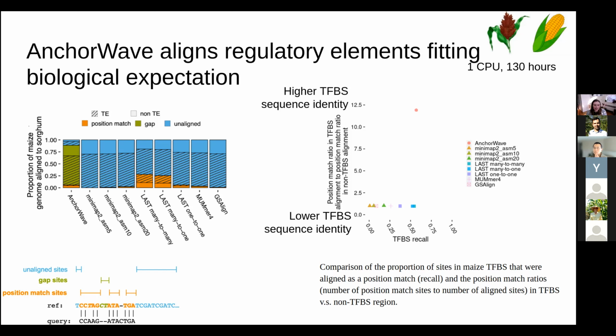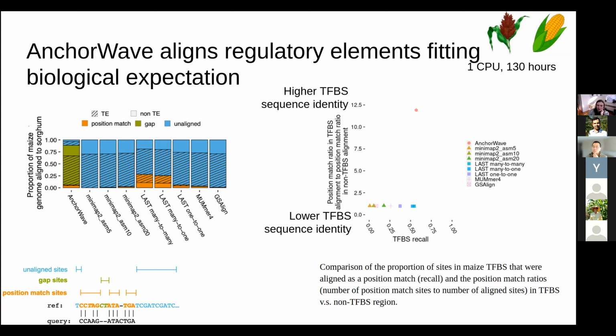And so we also wanted to look at a metric comparing whether, so it would be really easy to align all these transcription factor binding sites if you just reported false alignments for all of them. And so we wanted to ask whether there was an enrichment for transcription factor binding site alignment over that expected in the genomic background of non-transcription factor binding site sequences. And so that's what this y-axis is summarizing.